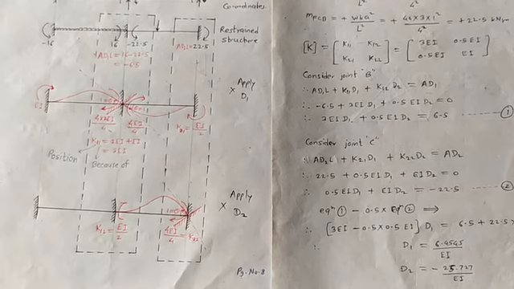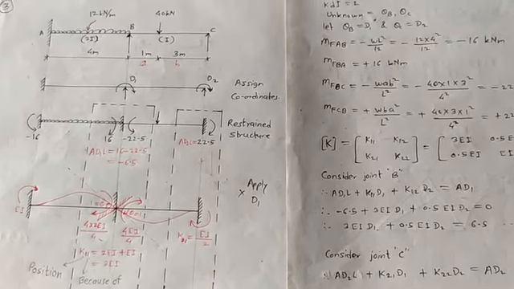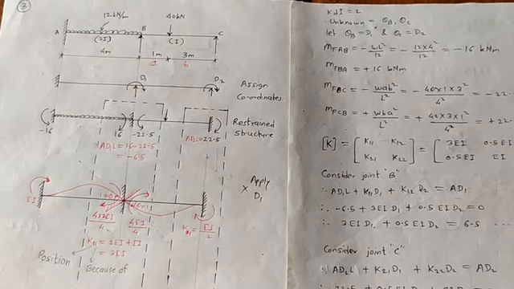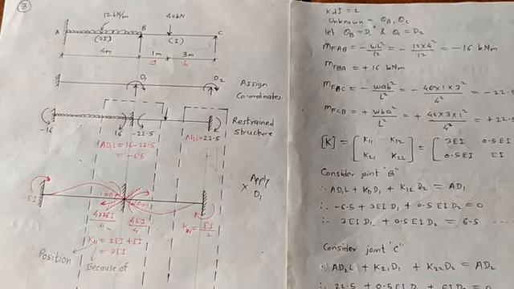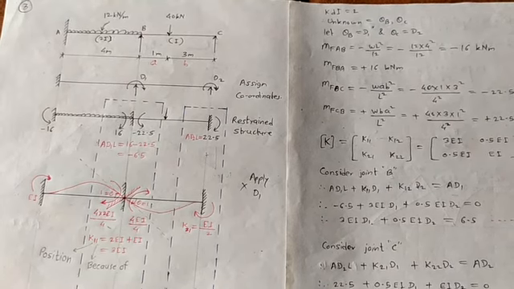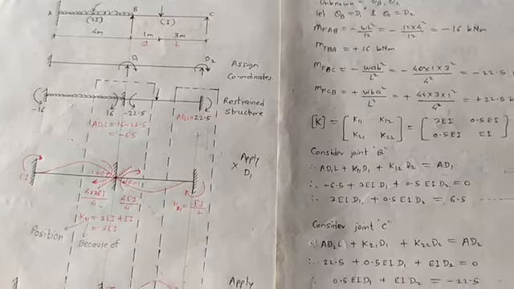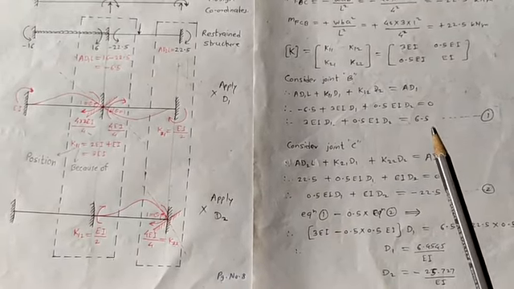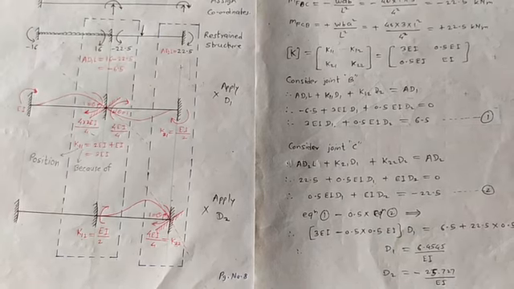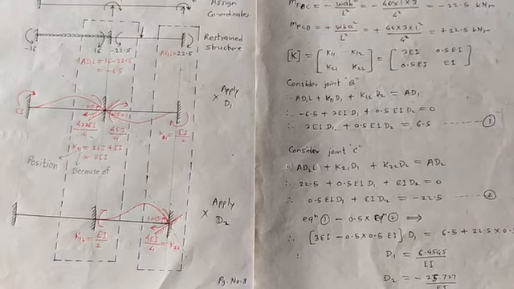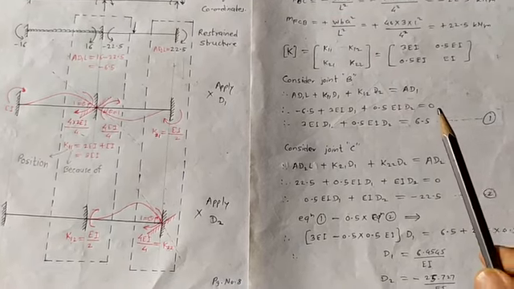In this example at joint b or at joint c no applied moment is there, that's why in both equations ad1 equals 0 and ad2 equals 0. That is, the applied moment at joint b and joint c is 0, that's why we write equals 0.